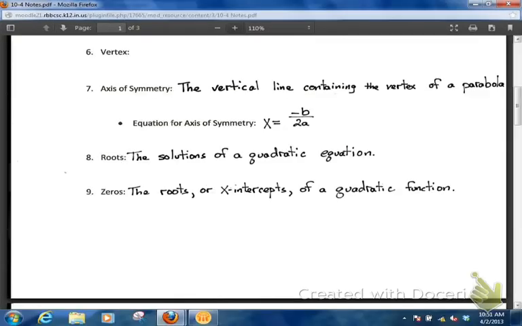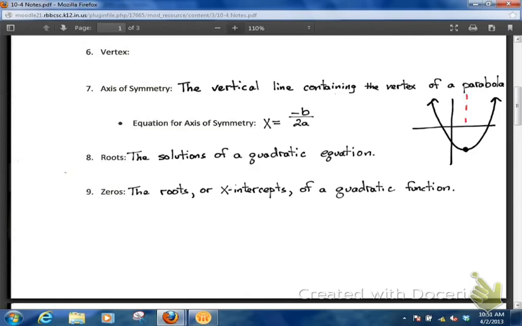All right, then on these last definitions, the axis of symmetry is the vertical line containing the vertex of a parabola. And actually, I want you to add this because I want to show you what that looks like. If my parabola is graphed like this, and my vertex is right here, my axis of symmetry is this vertical line.